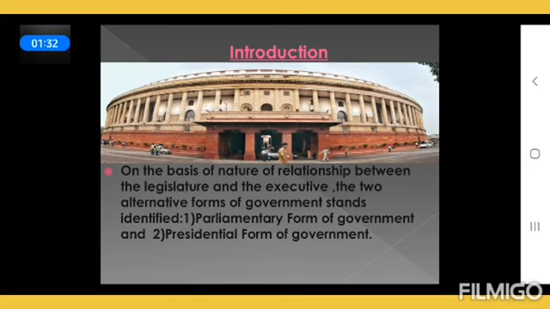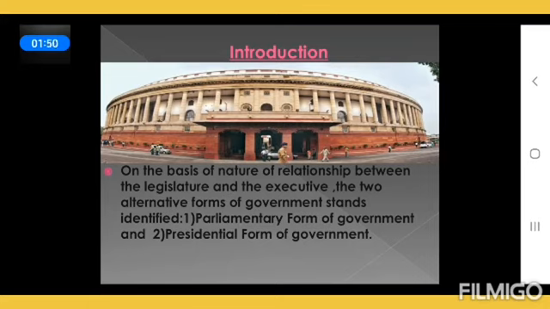In this type of government, the executive holds a direct responsibility towards the legislature, the lawmaking body.